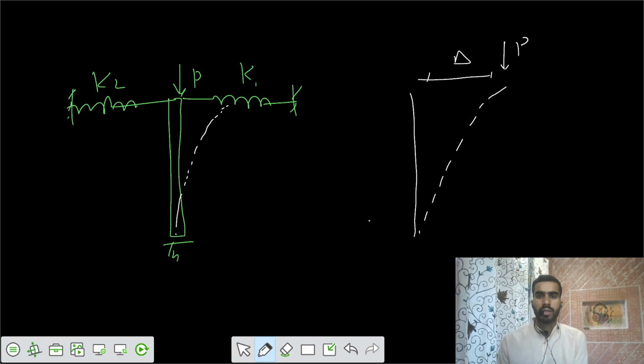So P has reached here. That means your spring K1 has shortened by an amount of delta. So your force in spring 1 would be equal to K1 into that same value of delta. And because you have to maintain that rigid connection also, if this point has reached some value of delta, that means this spring has got elongated by the same amount of delta, such that this point would reach somewhere here.